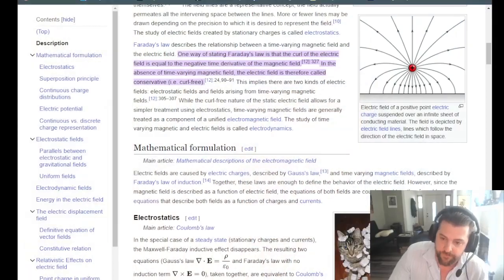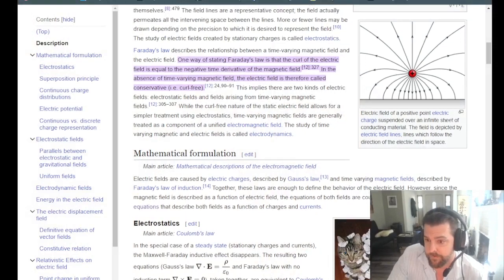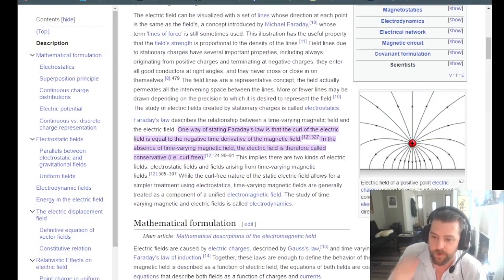Basically, there are 4 different types of fields that I've discovered so far. We have an electric field. And if we look here, by, of course, everyone's favorite source, Wikipedia, which helped me incredibly, even though they have kiboshed me horribly.